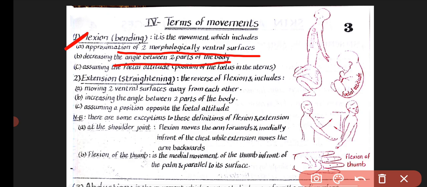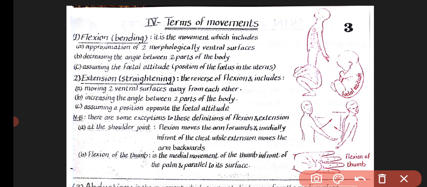This one is flexion, anteriorly, when you raise the limb upward. The reverse movement, backwards, is the extension movement.